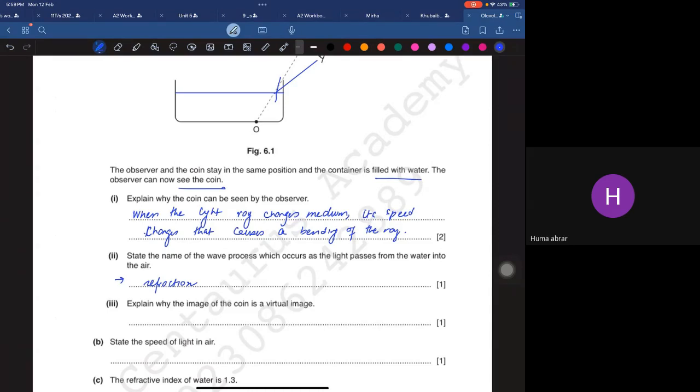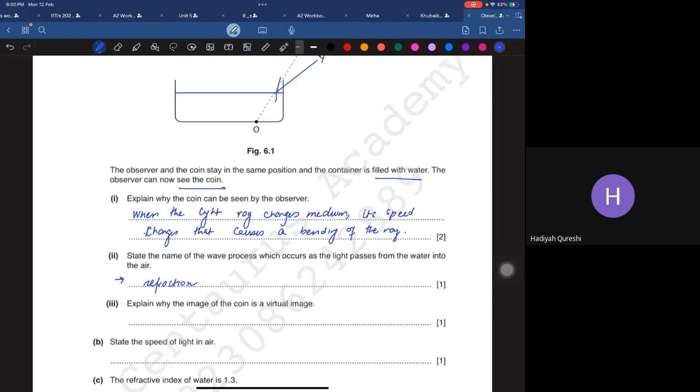Now, when does a virtual image form? Can somebody please tell me that? When it can't be formed on a screen. Cannot be formed on a screen. The screen right now is our eye. And no, not about convex lens. It's not about that.